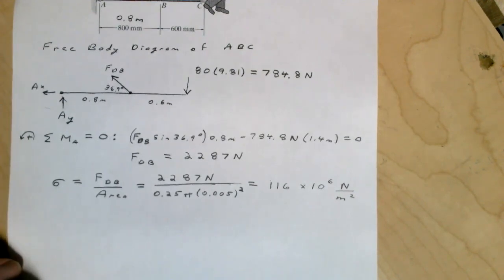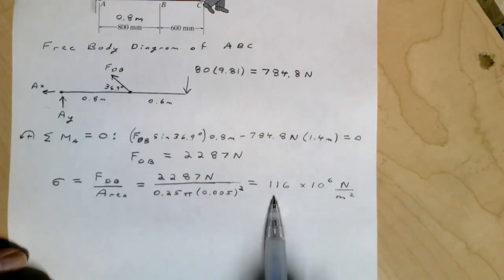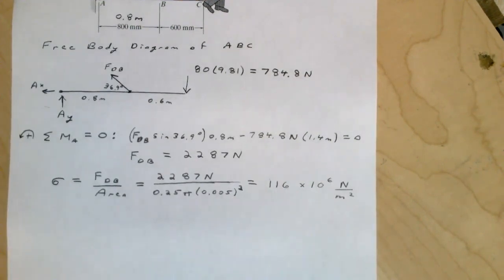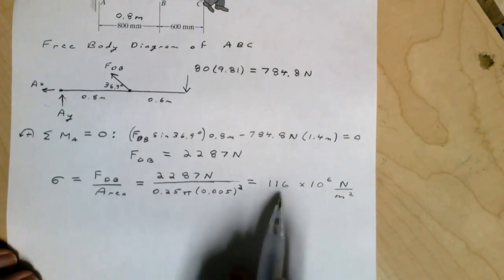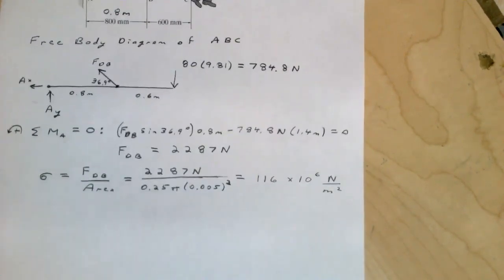And that's our stress. You can check in the back of the book that this is less than the yield stress of the material, so we're good to use our normal equations. This is the normal stress, the answer to this part.